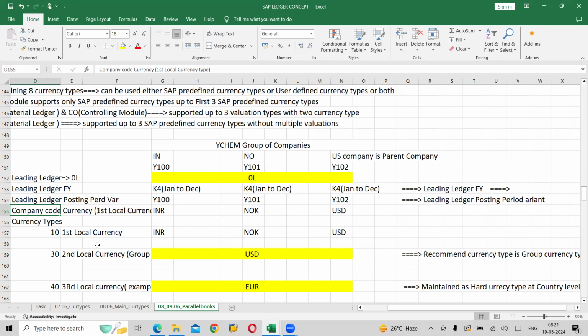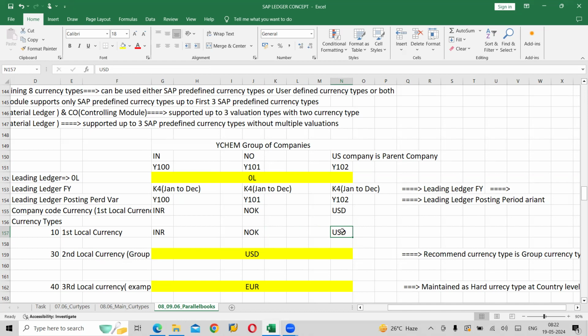No questions, okay. Next one, local currency, first currency: INR for Y100, NOK for Norway, and USD for the US. Clear?